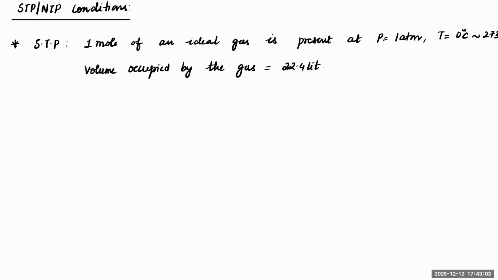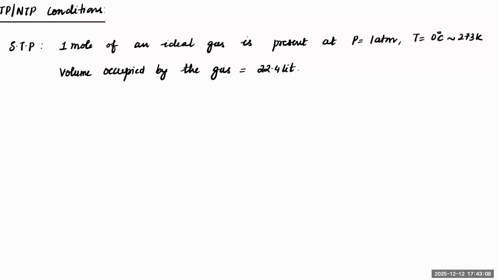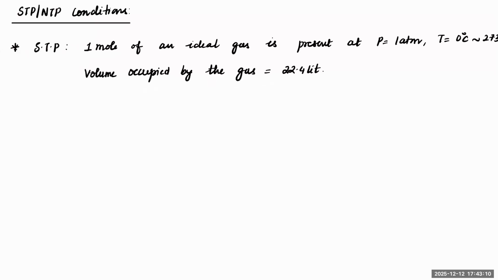Okay, this is STP condition. Got it? In fact, actually speaking, this is not STP. This is more used as NTP, because earlier it was used as STP. Now it is used as NTP.